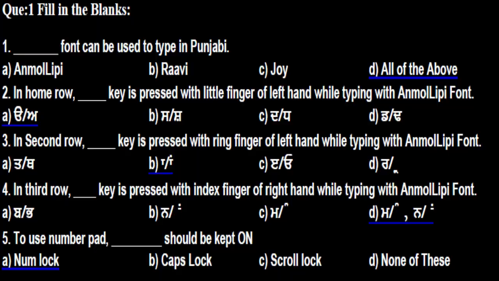With the help of this finger, option D is true. Right answer is D. Fifth one, to use number pad, dash should be kept on. All of you know, while using numbers, we need to turn on numeric lock. So options are A, numeric lock, B, caps lock, C, scroll lock, D, none of these. So right answer is numeric lock, A.